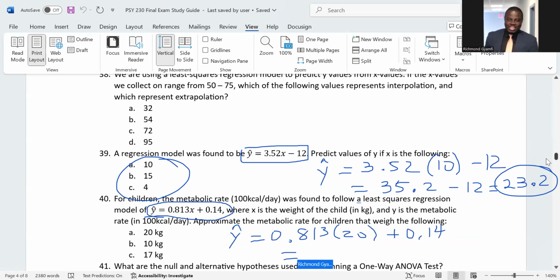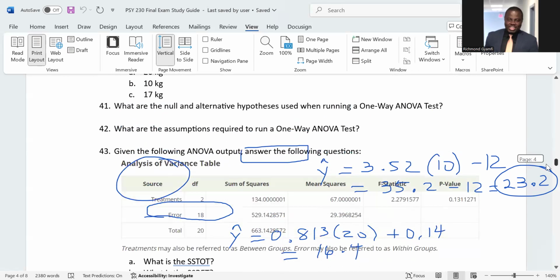Putting that in, you're getting 16.4. And then you repeat that for 10 and you repeat that for 17. And that's it.